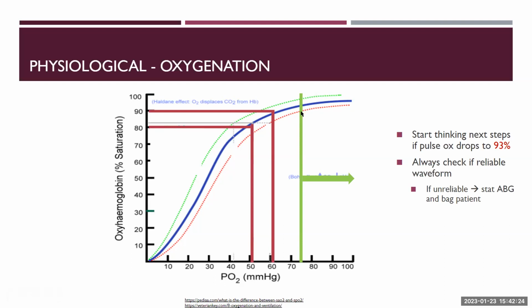A 93 is worrisome, but if the patient has COPD or a lot of other pulmonary issues, that 93 is not as concerning as, let's say, a 90, but a 95 is not what we have to push to if our goal is trying to vent a patient.